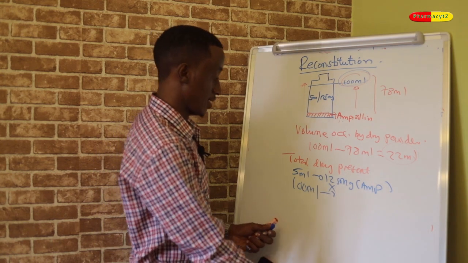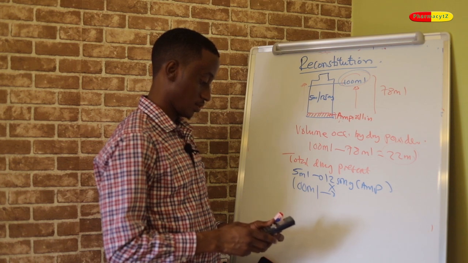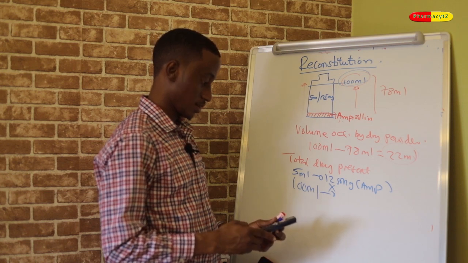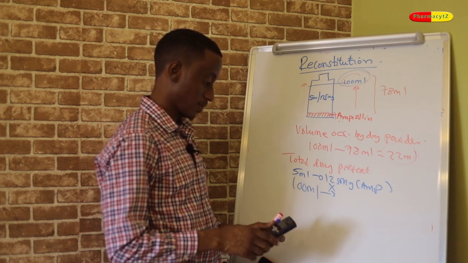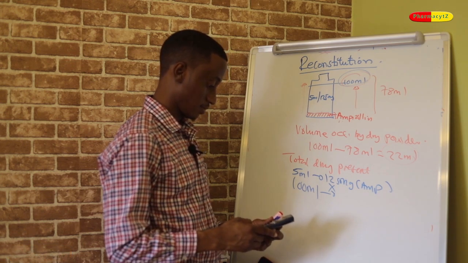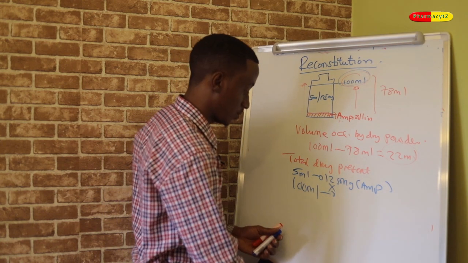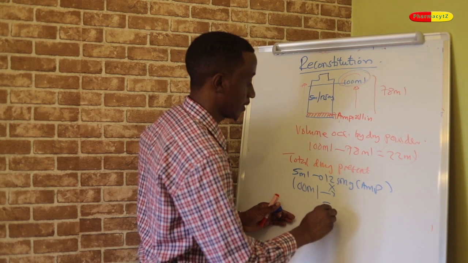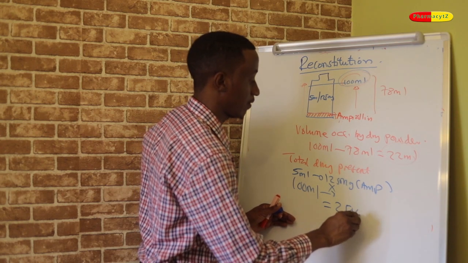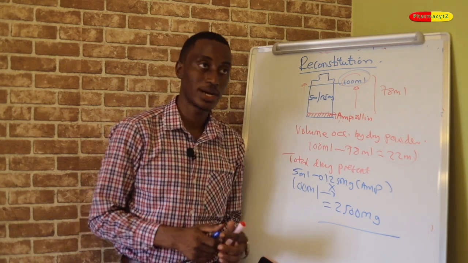Then this is 125 times 100 divided by 5. This is 2,500 milligrams. That is the total amount of drug present.